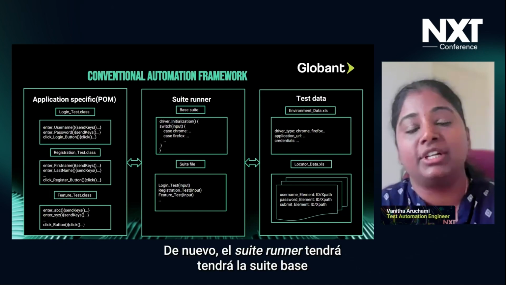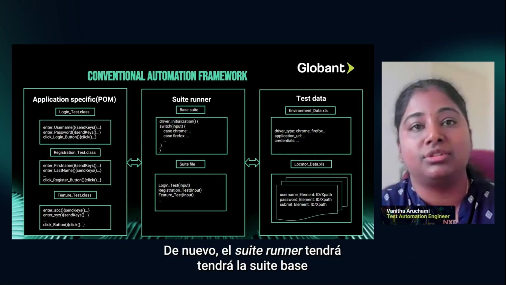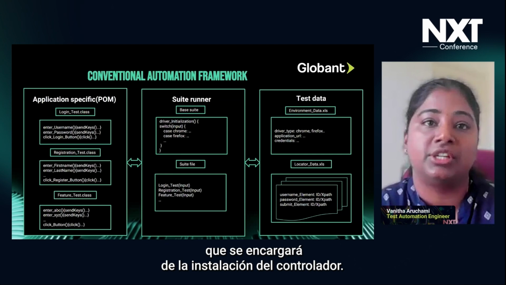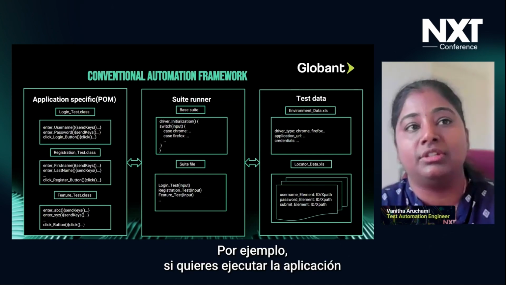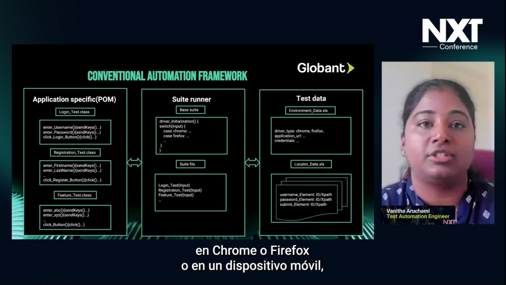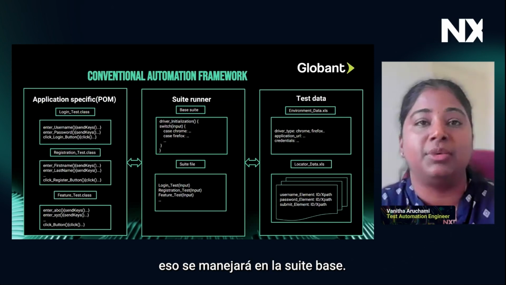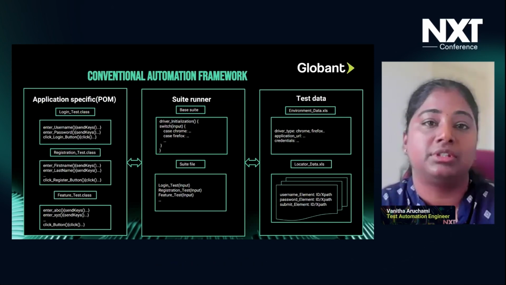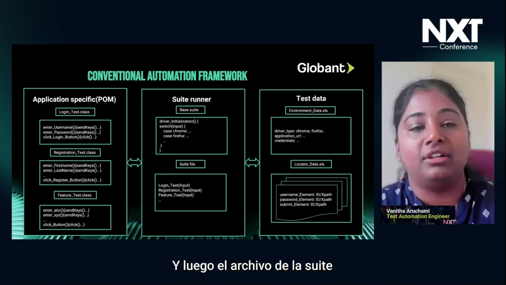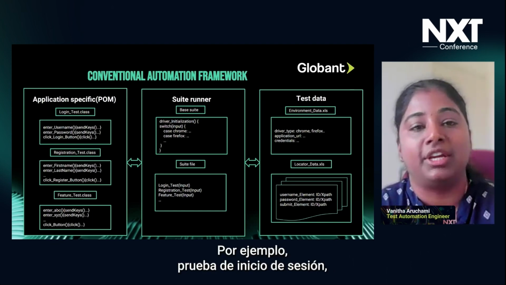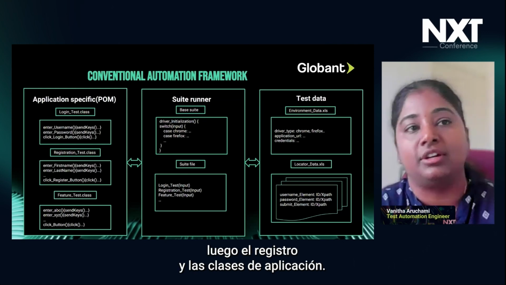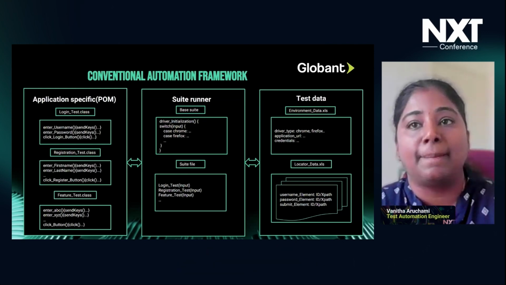Again, the suite runner will have the base suite that will handle the driver initialization. For example, if you want to run the application against Chrome or Firefox or a mobile device, that will be handled in the base suite. And then the suite file will have the order of the test execution. For example, login test, after that the registration, and then the application classes.